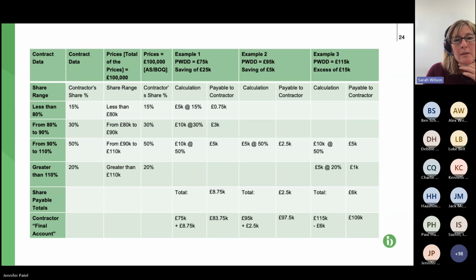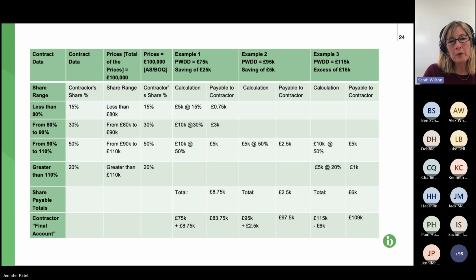So in our scenario, this third column along, this is a really simple scenario. We have a target cost of £100,000. We've got to assume that that is the completion target, so all the compensation events are agreed and have been added, which gets us to a target cost of 100,000. This third column simply records where our share ranges start.